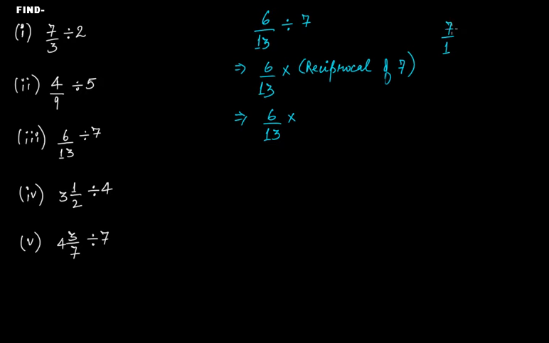Now this 7 is the numerator, make it the denominator. 1 is the denominator, make it the numerator. So this is the reciprocal of 7, 1 over 7. 6 times 1, 13 times 7: 6 over 91.